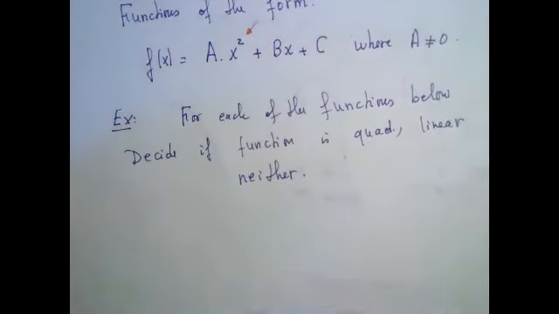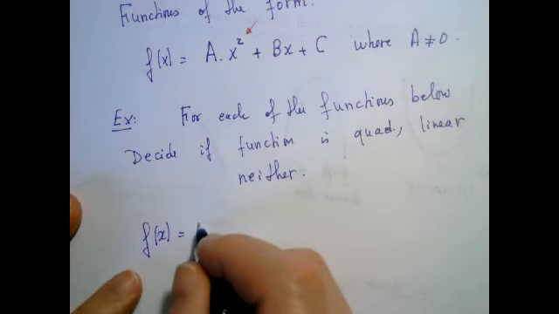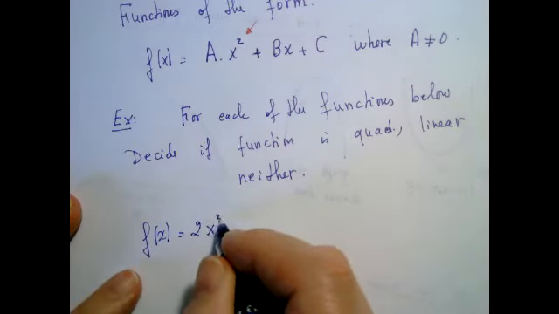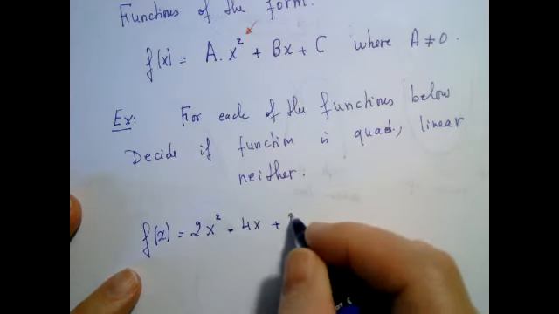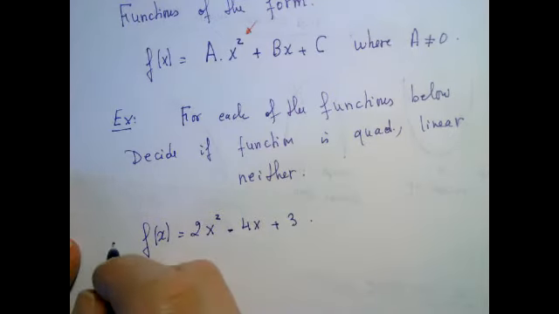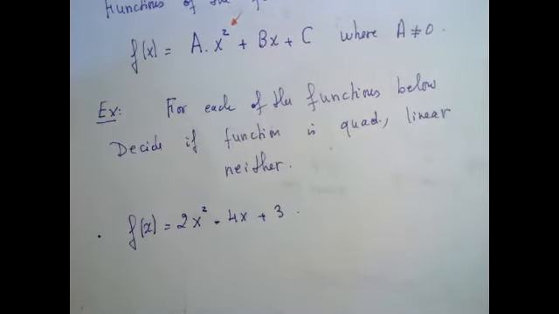I'll give you the first function, f of x equals the simple one, 2x squared minus 4x plus 3. Okay. Quadratic, linear, neither, quick answers, but those are not hard.